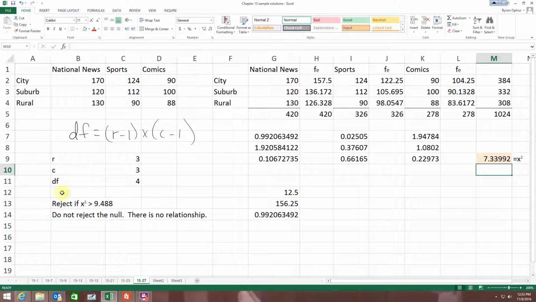Okay, which kind of goes back to being a little bit normal. Okay, so I would say do not reject the null, and the null is that there is no relationship. Okay, and so I would say that my calculated number is less than that, so I can't reject the null. There is no relationship.